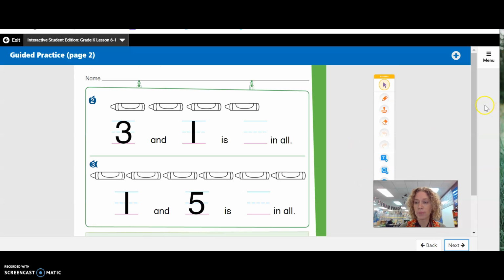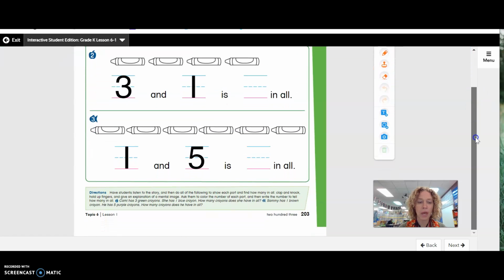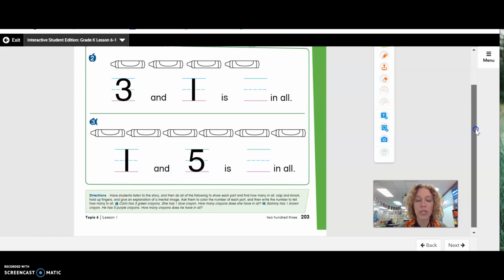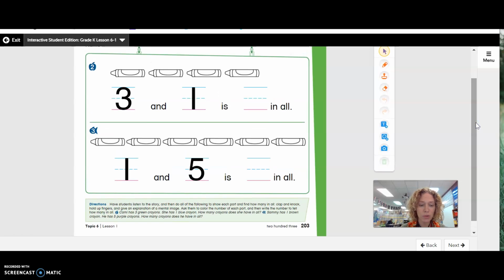All right, let me push this up just a little bit. Now be careful so that you can hear the story so you know what to do. All right, for number 2, Cammie has 3 green crayons. So we have to do our job and color 3 crayons green.